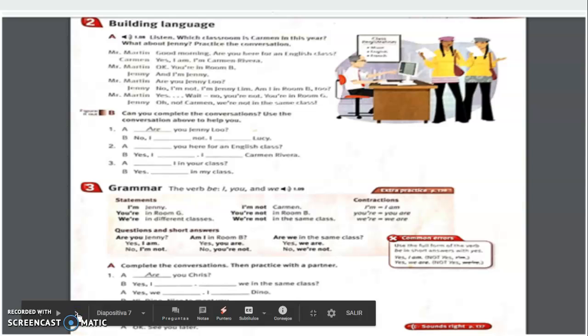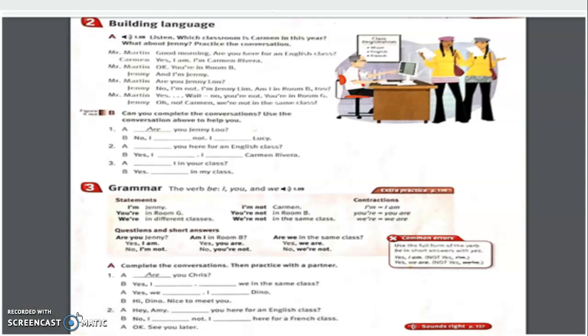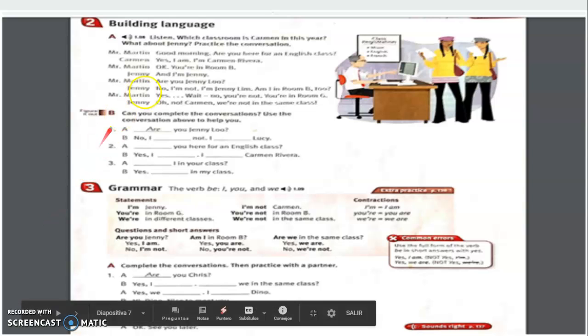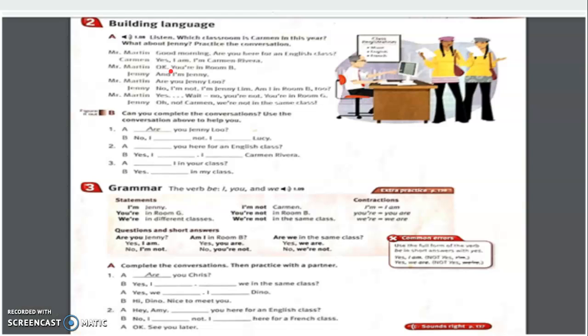Here we have the next page. In the next page, we have a conversation. Review the language. In this conversation, I'm going to send the audio so that you listen, pronounce, and learn the new words. Listen: which classroom is Carmen in this year?